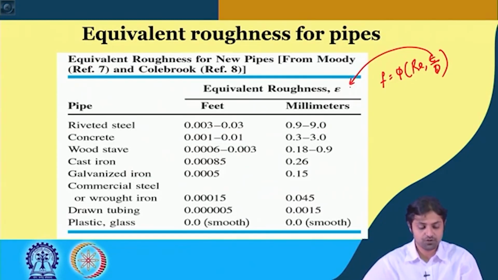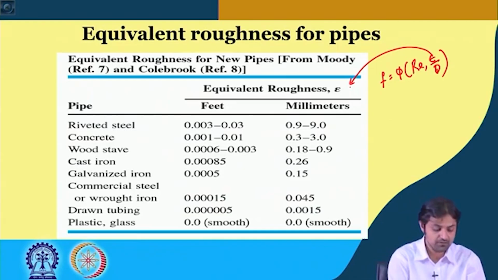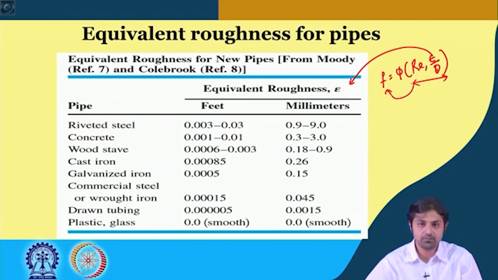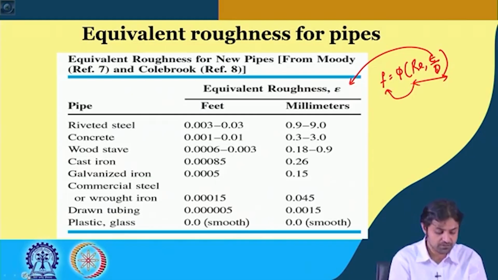Most of the cases, for the numericals, you will be given the value of epsilon by d. So if you are able to calculate epsilon by d and Reynolds number, then there is a dependence of these two parameters on the friction factor f, and if we know the friction factor, we can find out the head loss, the major head loss.